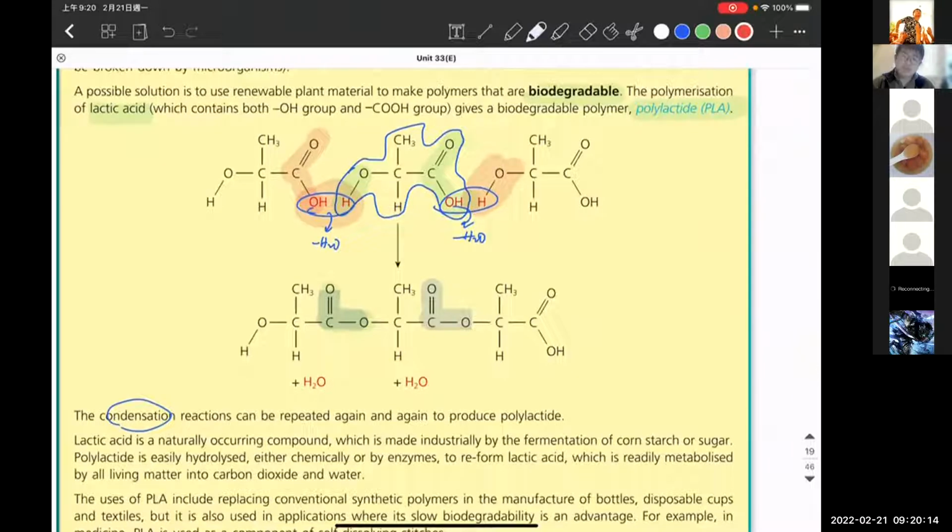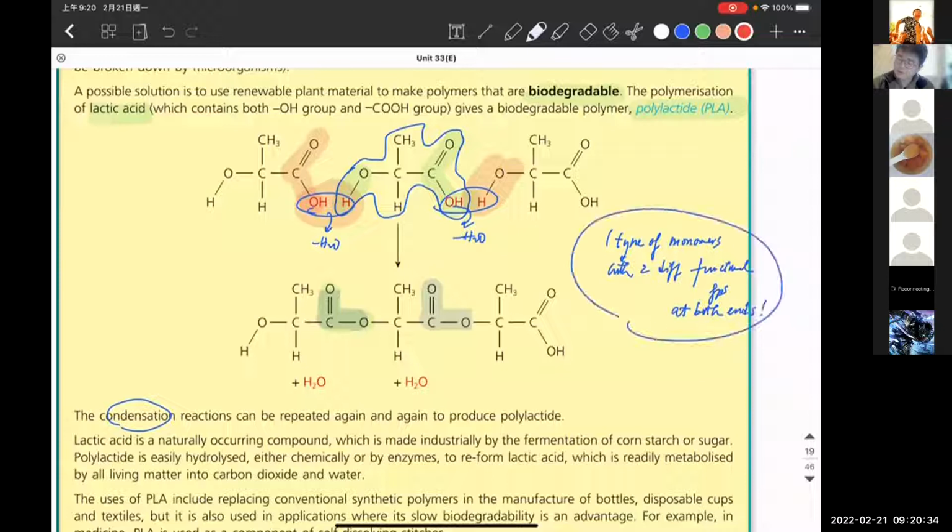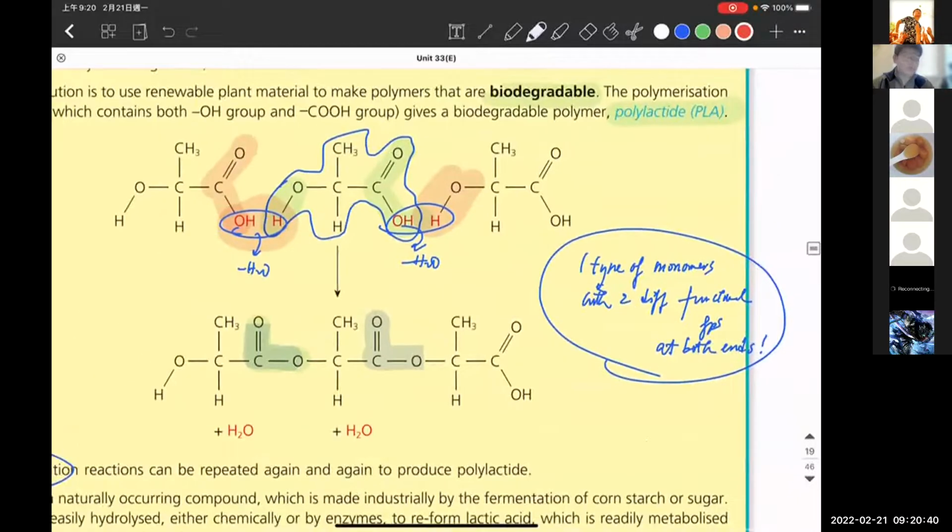But this time we have got one type of monomer with two different functional groups at both ends. Now, this is different from what we mentioned about the previous case.